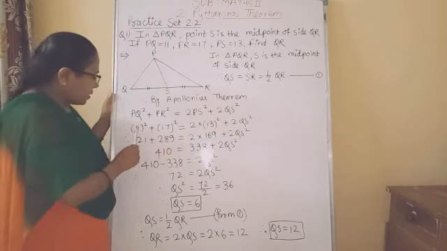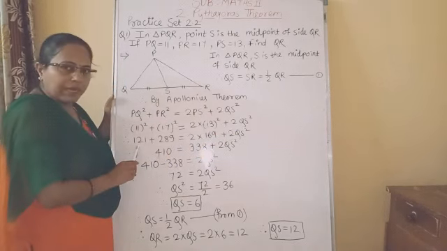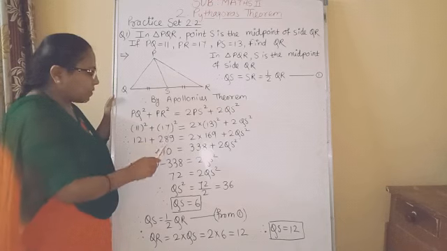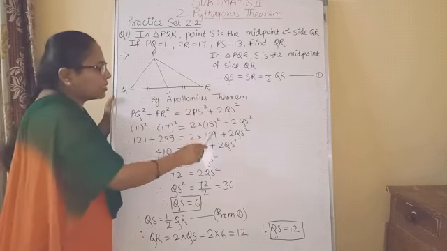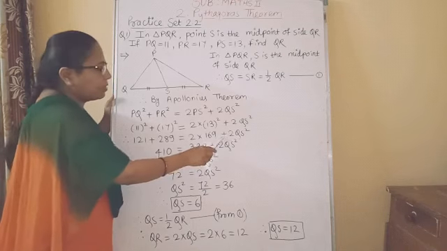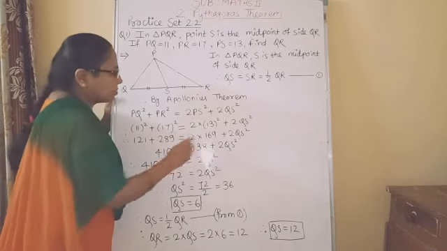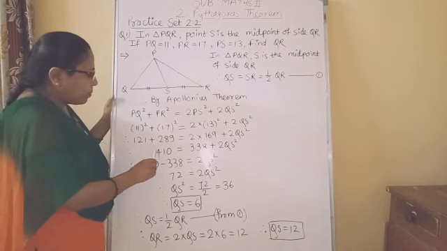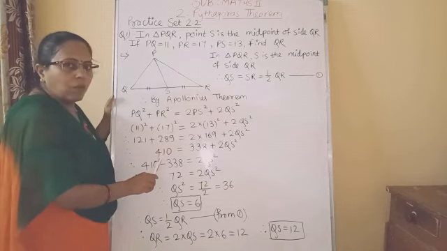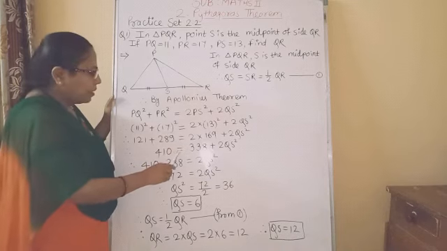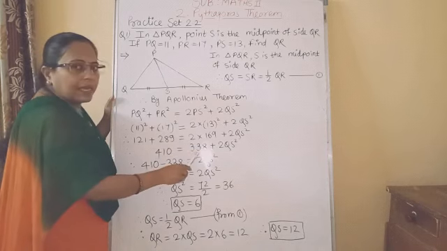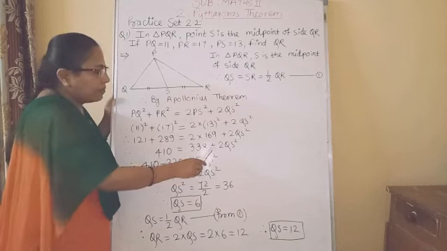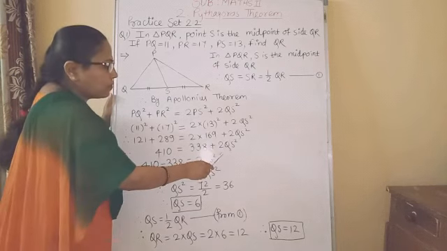Now make squares. 11 square is 121 plus 17 square is 289 equal to 2 into 13 square, which is 169, plus 2QS square. Now 121 plus 289, 410 equal to, now multiply this, we will get the product 338 plus 2QS square.